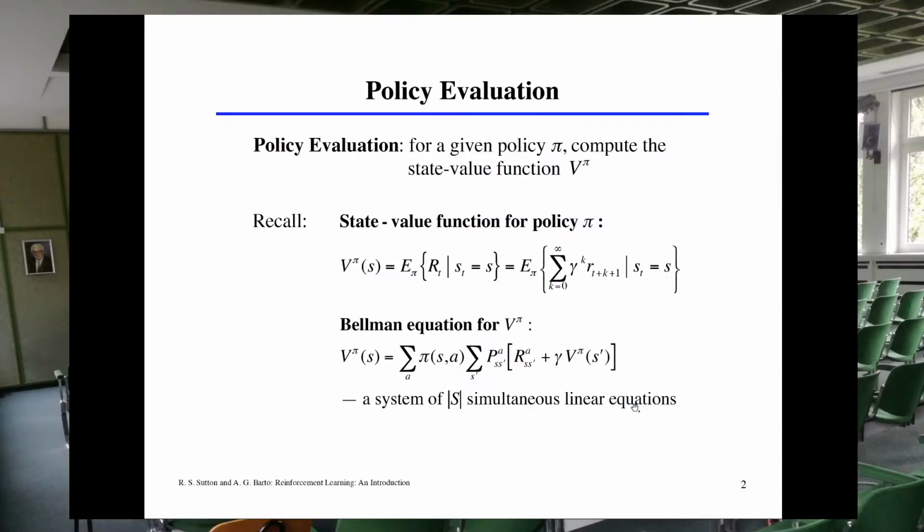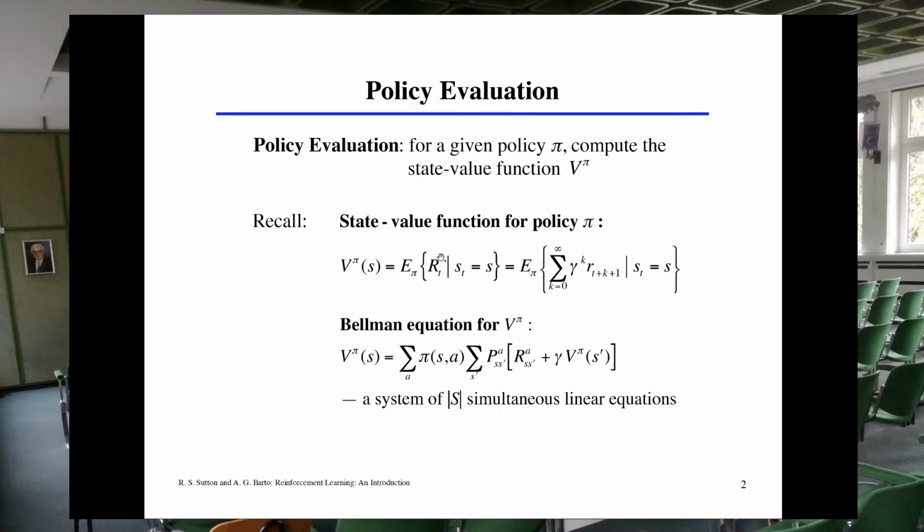And here's the definition of value function for a policy pi. So for every state, you need to calculate what is the expected return that you will get if you start in that state, or if you are in state S and you keep selecting actions according to the policy pi.